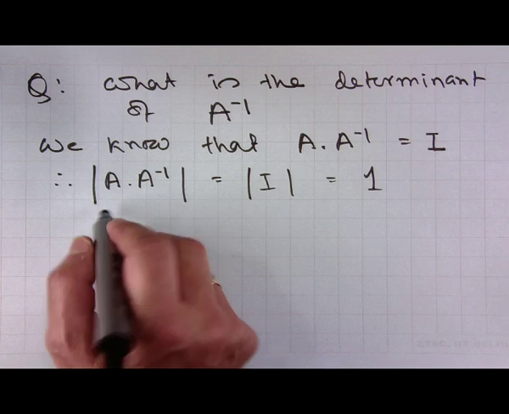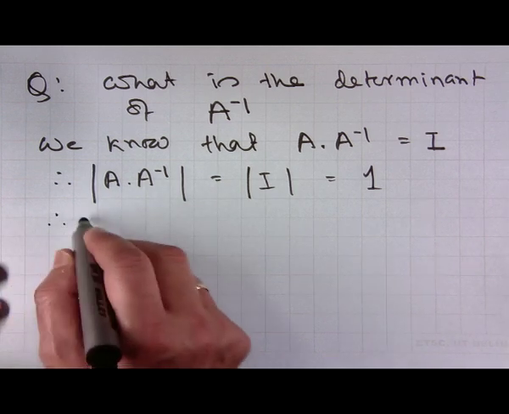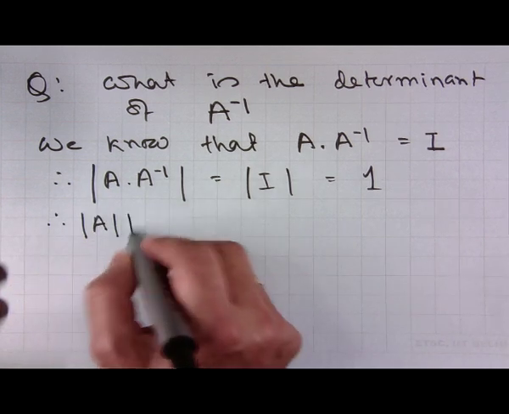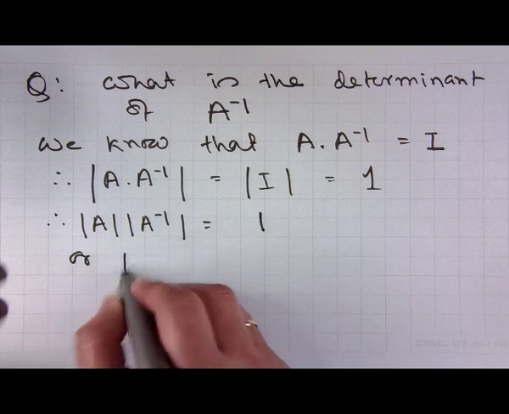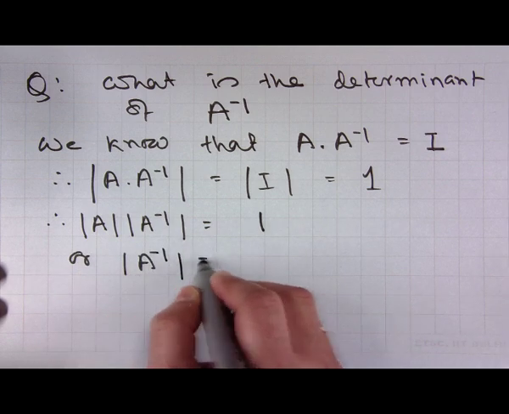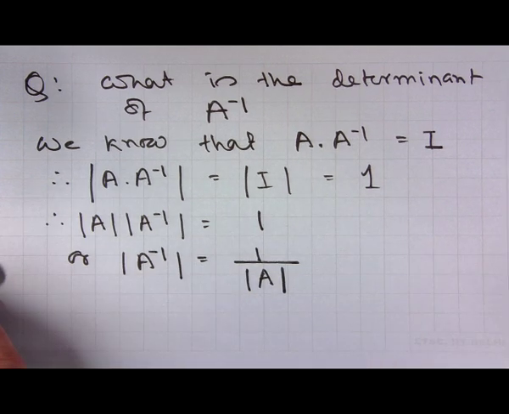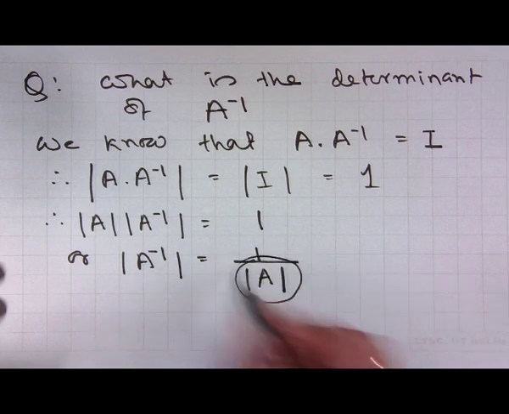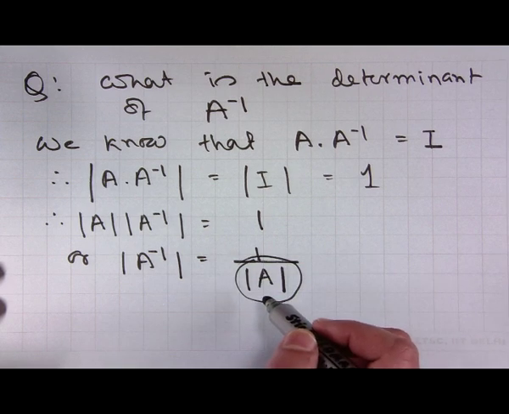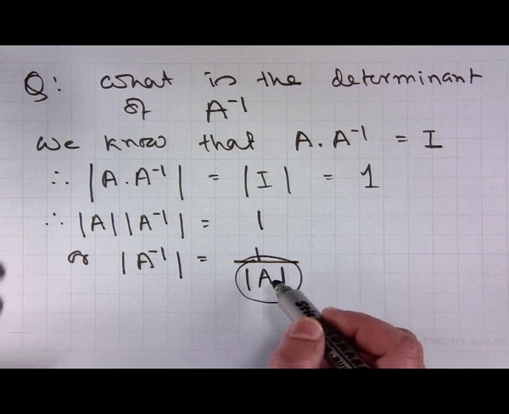Now, since determinant of product is equal to product of the determinants, therefore, determinant of A into determinant of A inverse is equal to 1, or determinant of A inverse is equal to 1 upon determinant of A. Therefore, if we know the determinant of A, then we know that its reciprocal is going to be the determinant of the inverse.